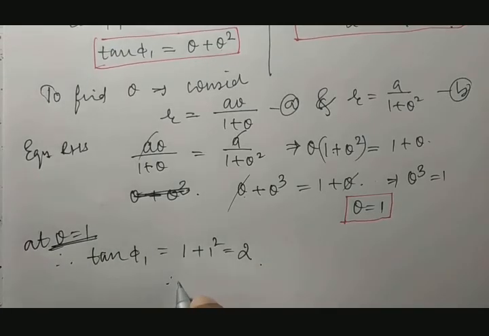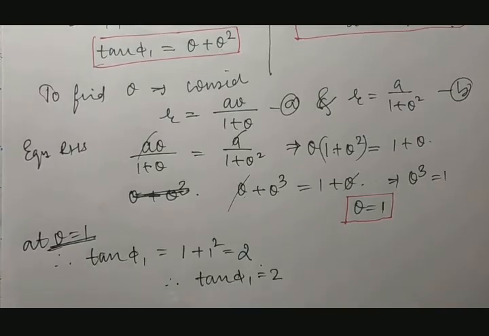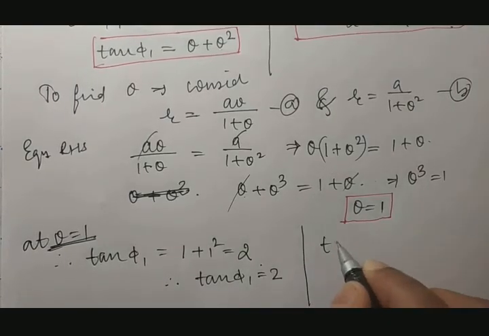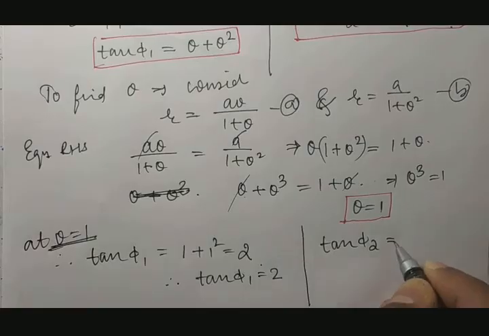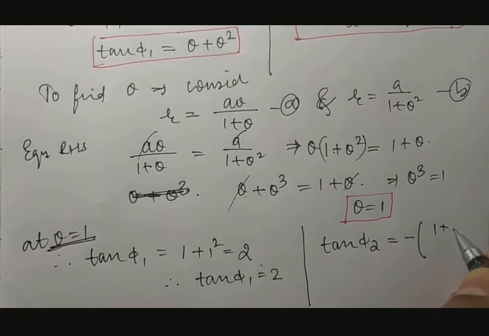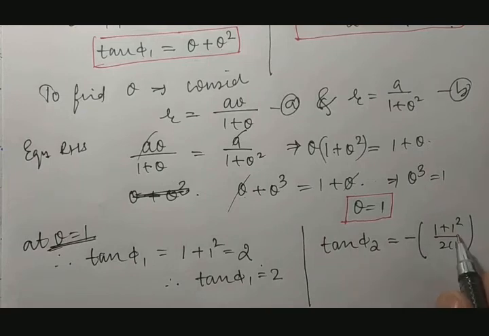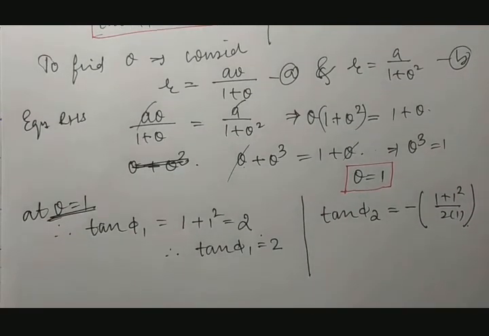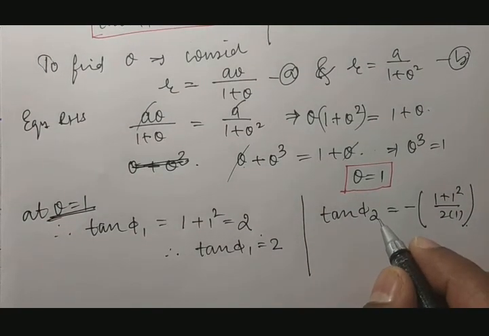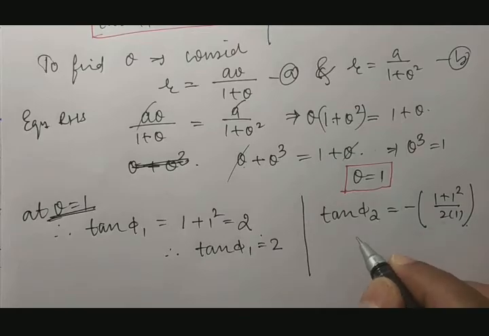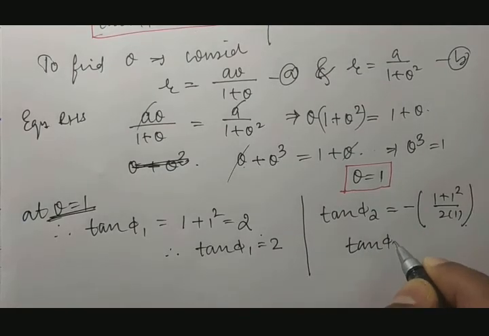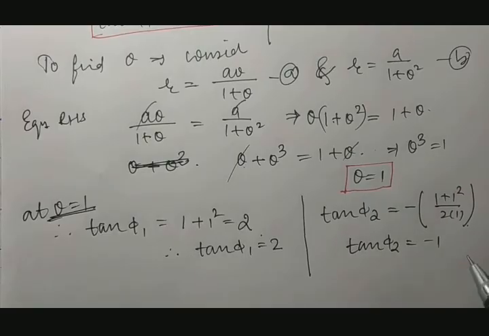Therefore, tan phi 1 is equal to 2. Similarly, tan phi 2 is equal to minus 1 plus 1 square divided by 2 into 1. So 1 plus 1 square is 2, divided by 2 cancels. Therefore, tan phi 2 is equal to minus 1 at theta equal to 1.